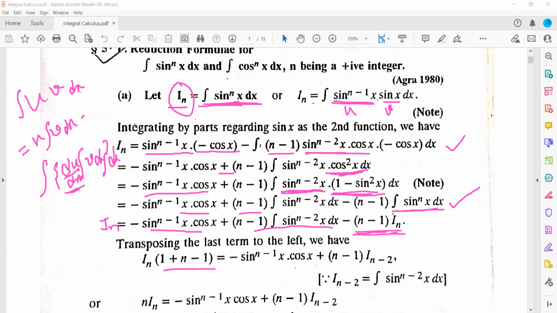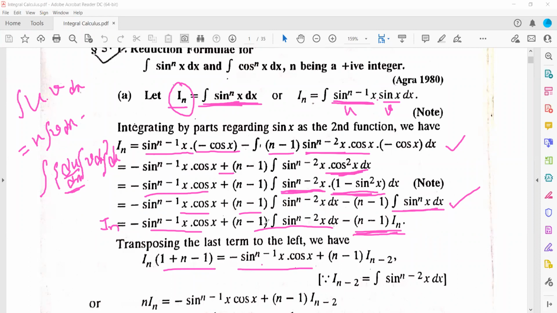If you take In common, what will be left here? 1 for this 1, and for this it will be n minus 1. And then the right side will remain the same, plus n minus 1.